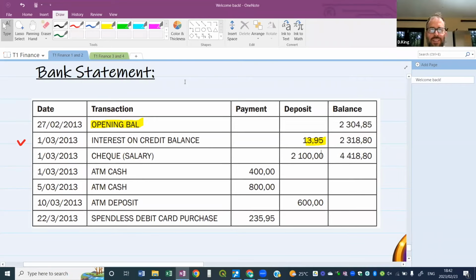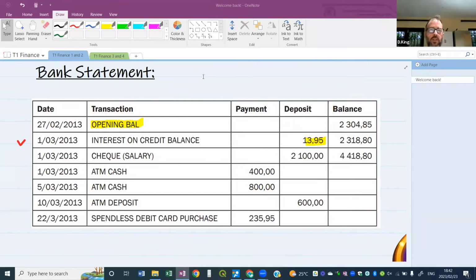Just raise your hand, guys. Here, we'll unmute you. So 13.95 of, I'll give you a clue, of 2,304.85. What is that as a percentage?